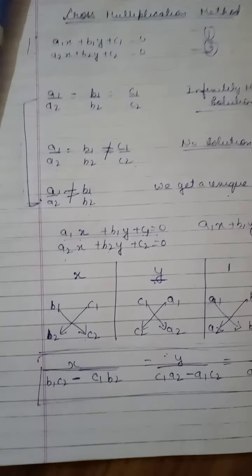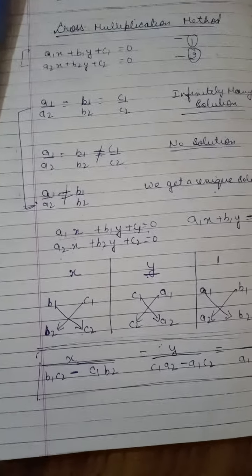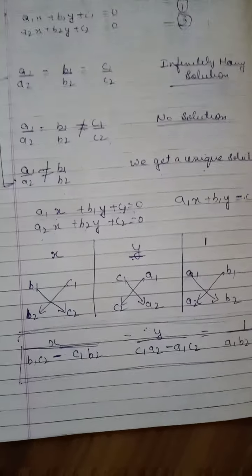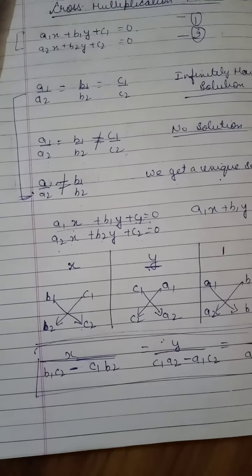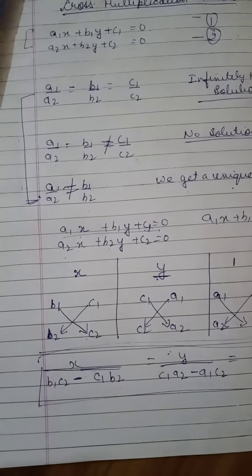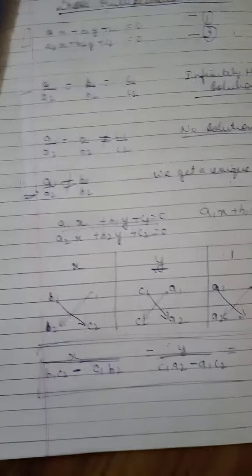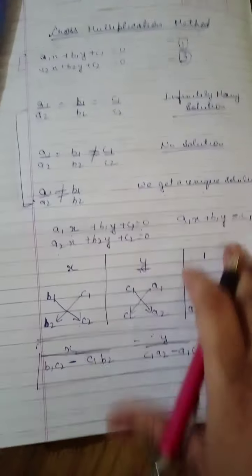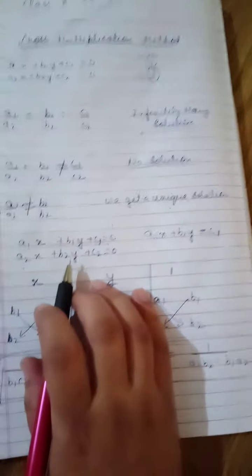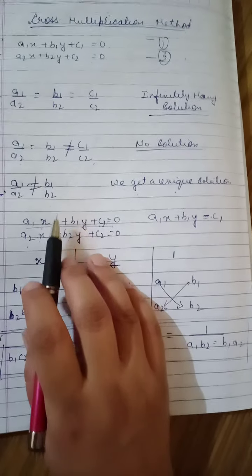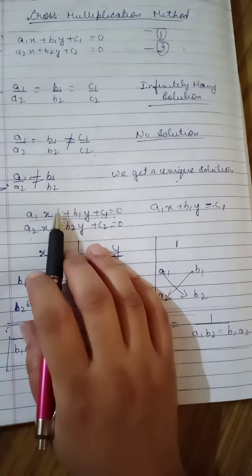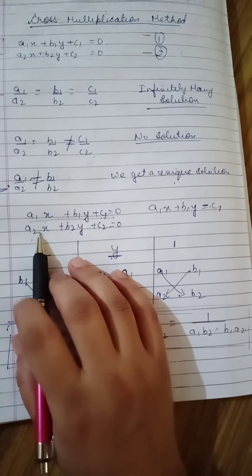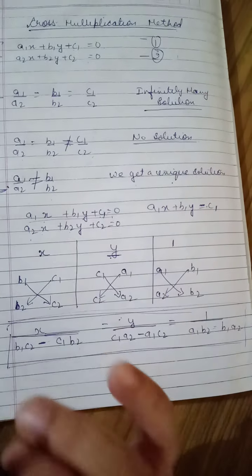now what is cross multiplication? Cross multiplication, as the name indicates, means we have to cross multiply, either with the variables or the coefficients or what. So what we have to cross multiply, we are going to study in this. We have two linear equations and their coefficients are a1, a2, b1, b2, c1, c2, right?